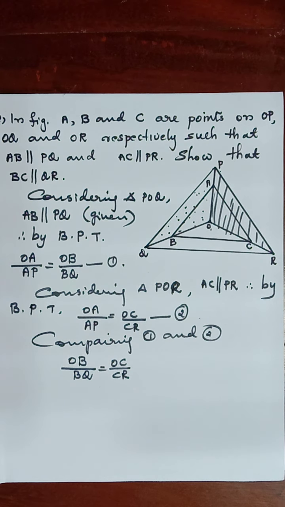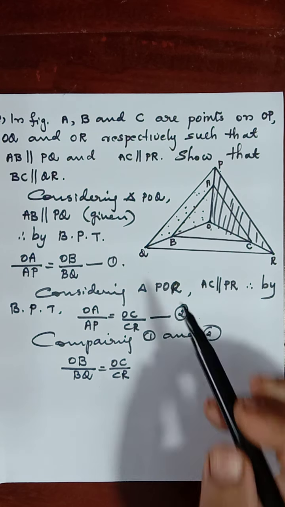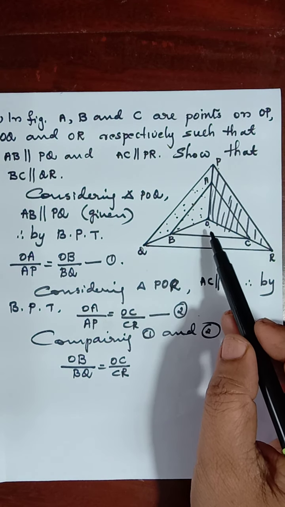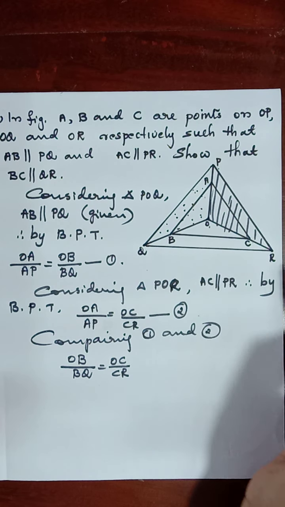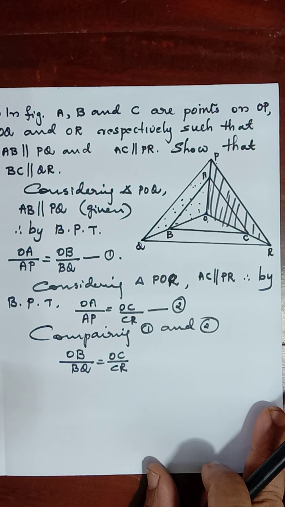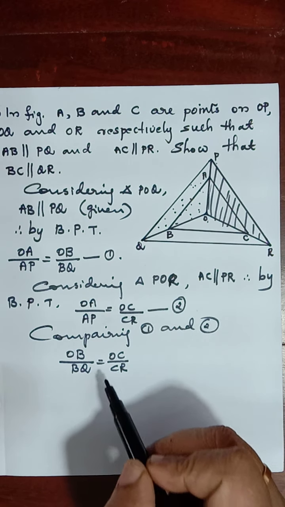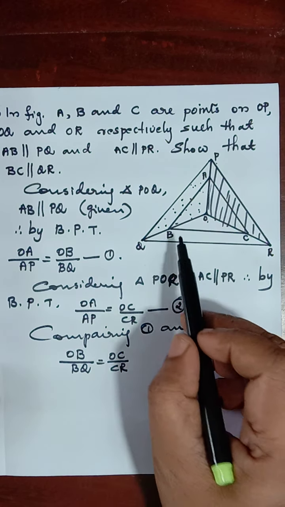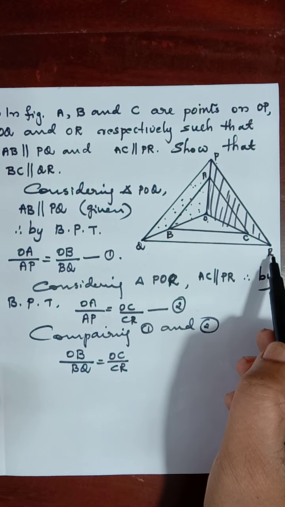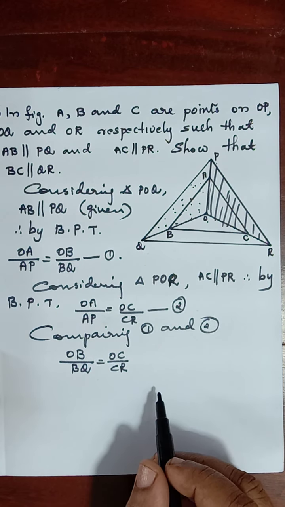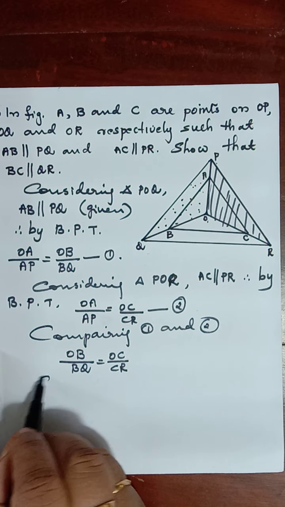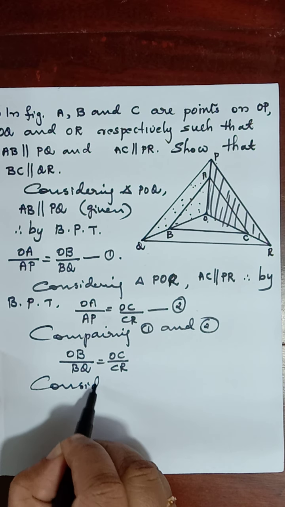So now we are considering the unshaded triangle, that is OQR, in which OB by BQ is equal to OC by CR. Therefore, if it is proportional, BC is parallel to QR, by the converse of the basic proportionality theorem.